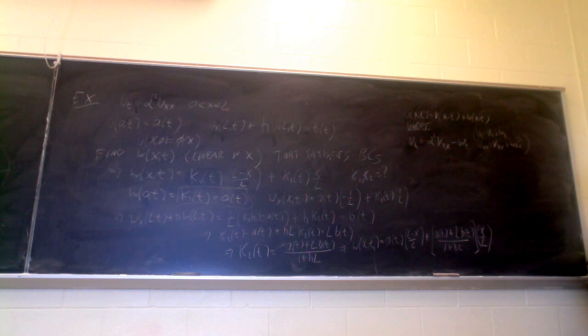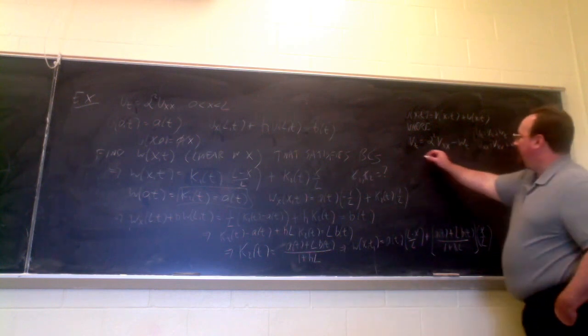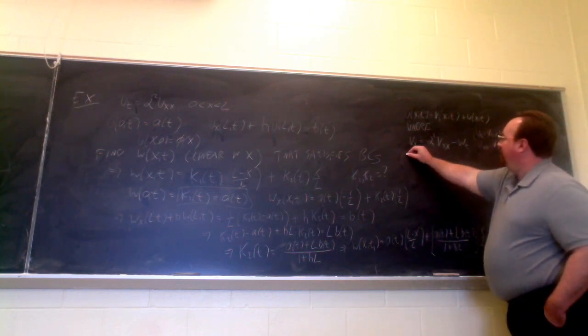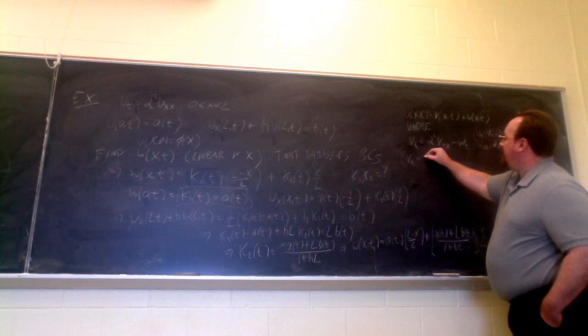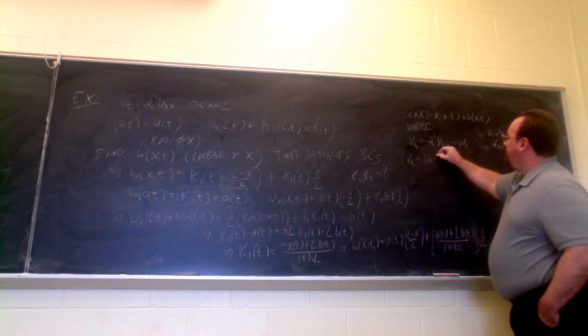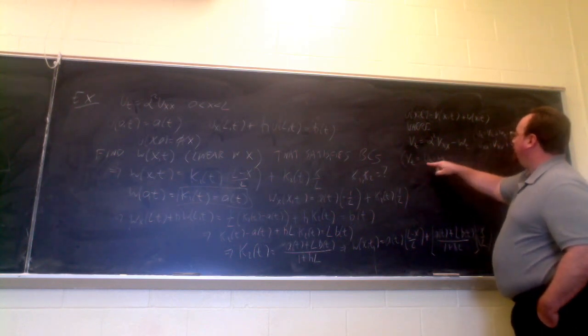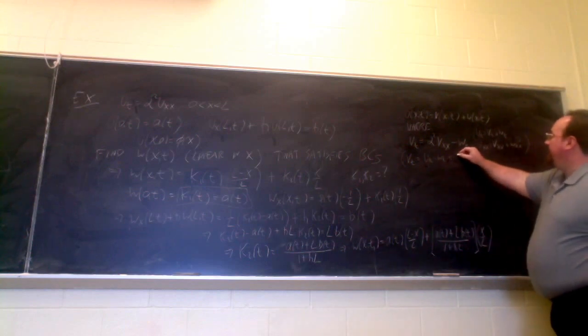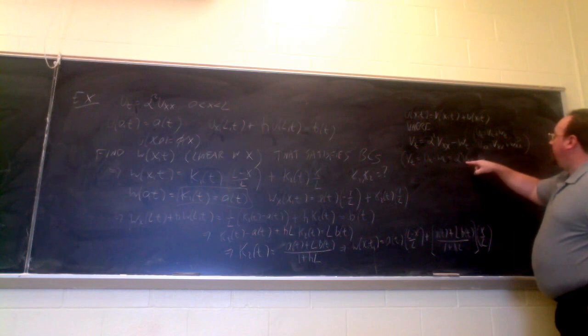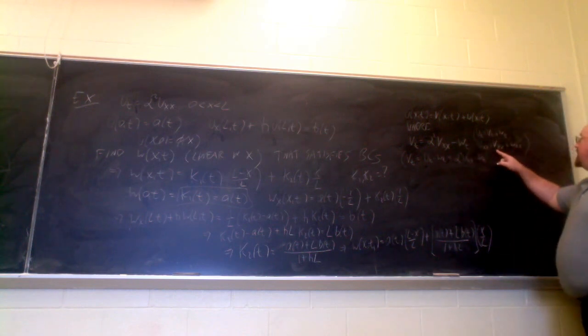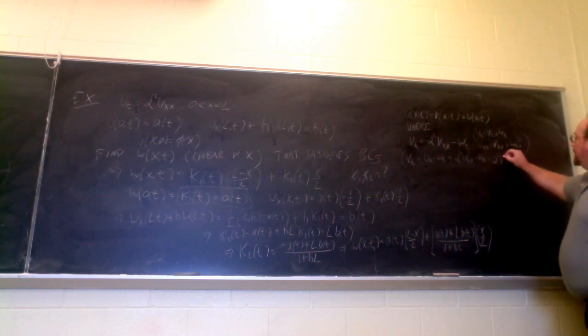Another way of looking at it is, I want to derive this. v_t equals u_t minus w_t, but u_t is alpha squared u_xx, and u_xx equals v_xx.